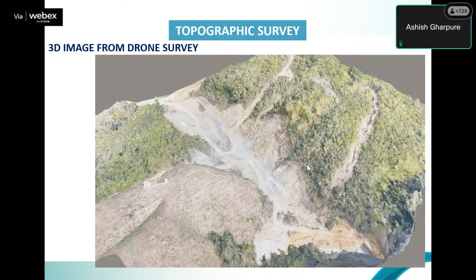This is drone data, a bird's eye view. And I particularly like drone survey because imagine standing right there on the ground, somewhere in the center and looking up the hill, you can see a small slide which has happened.